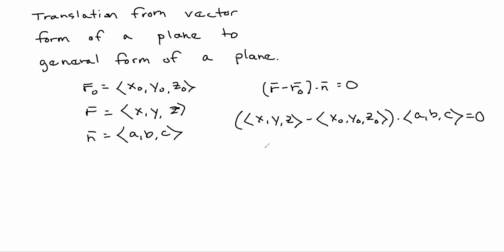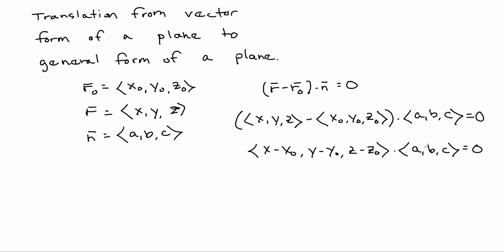When we subtract vectors, we subtract component-wise. So we're going to get X minus X naught, Y minus Y naught, Z minus Z naught, dotted with A, B, C.